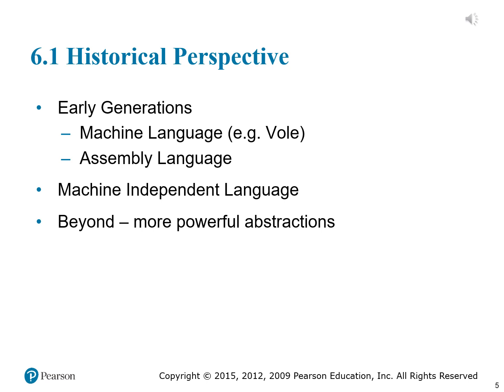It's often necessary to make some minor modifications to a program to move it from one machine to another. Consequently, computer scientists strove for more powerful abstractions that would allow humans to program without concern of underlying hardware differences.